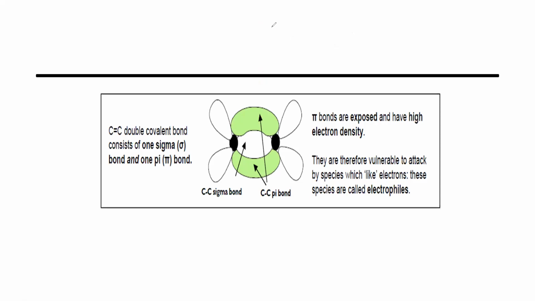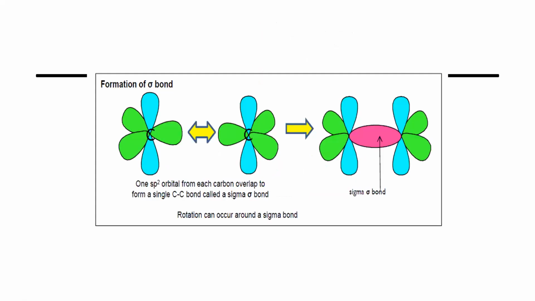So pi bonds are exposed and have high electron density, like the region of finding electrons is maximum, so they can easily break down. And because the electron-rich side is there, any substance which is electron deficient can attack the pi bond, so that substance is known as an electrophile.